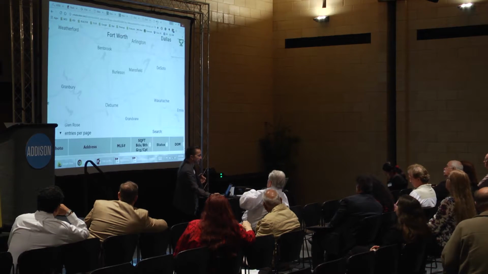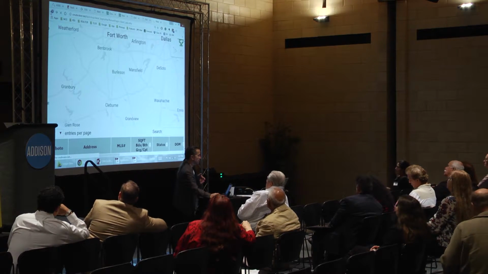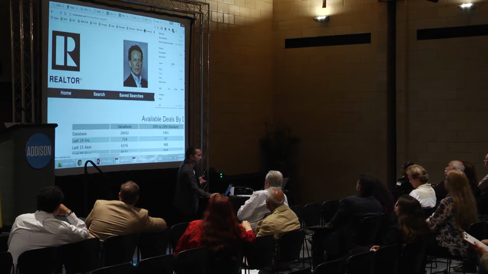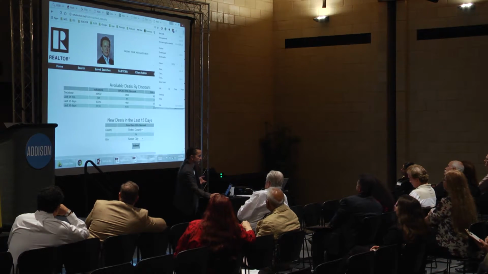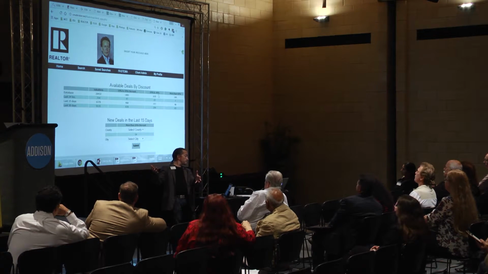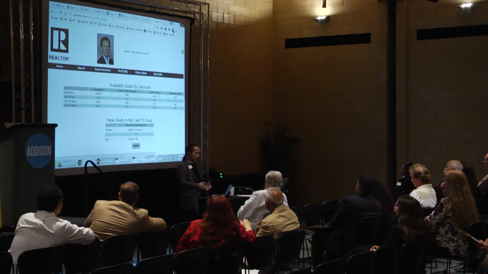So if I come back over here and log into our little homepage, now that we're done, you saw it took me about 49 and a half minutes to find the one property.